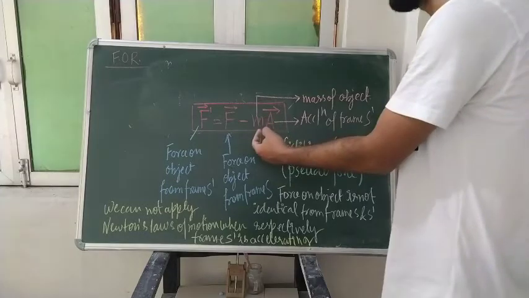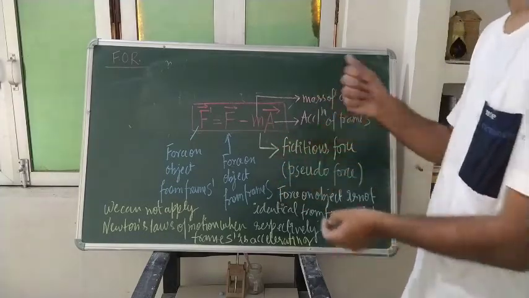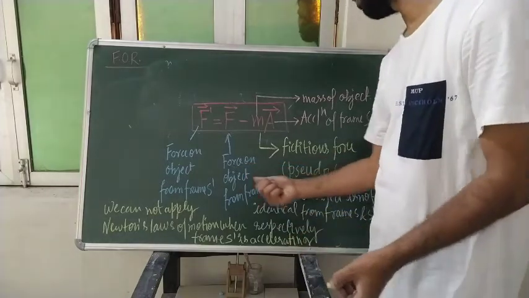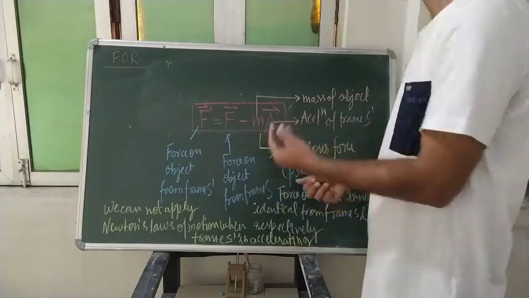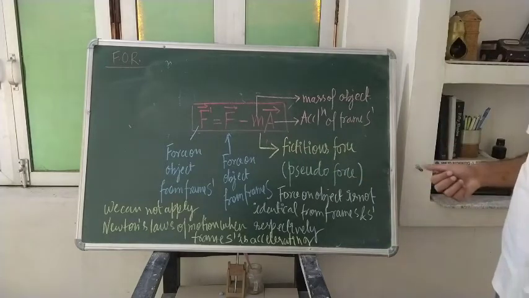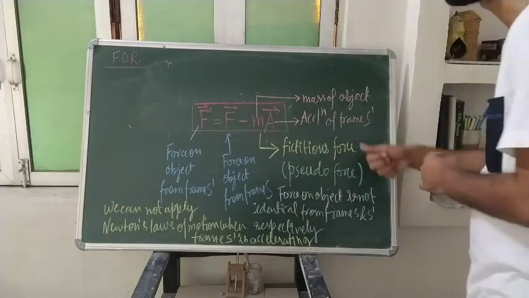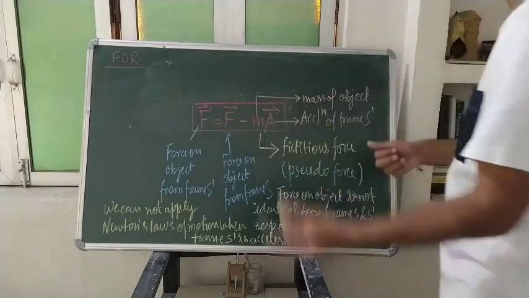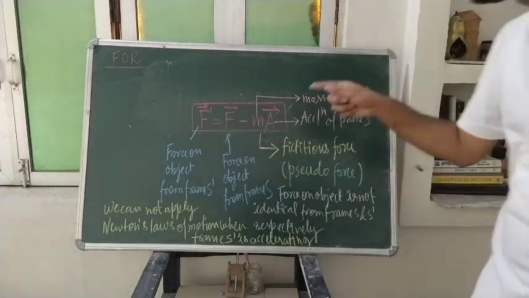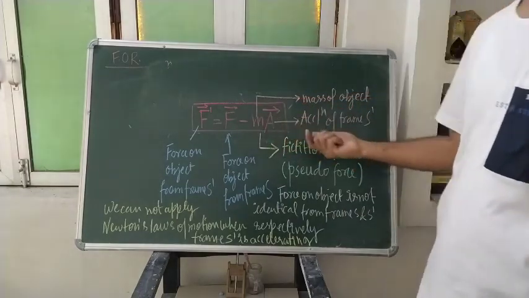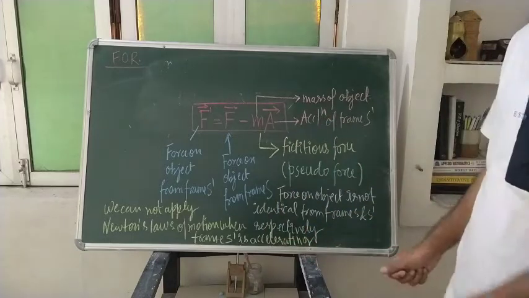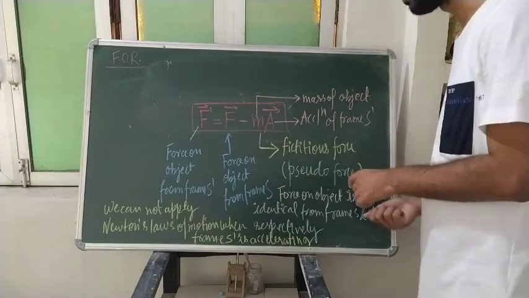Forces are not coming the same. Whatever will be that force from frame S prime, that will be the force on the object from frame S minus this fictitious force. As pseudo force we will have to subtract from that, then only this will become equal, and for this expression we will say that forces are not coming the same. We will have to subtract some force from that. That is our apparent force.